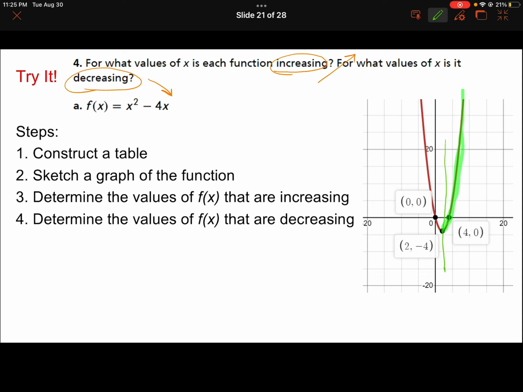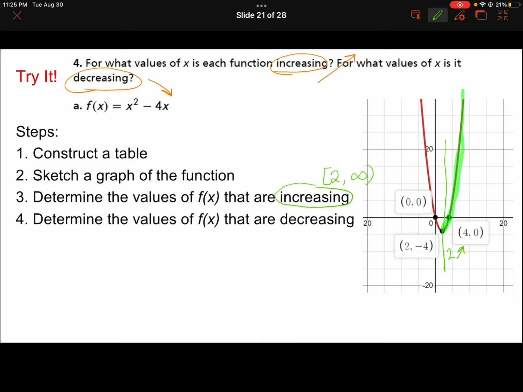It starts at 2 and it's increasing. So my interval for increasing will be 2 to infinity.